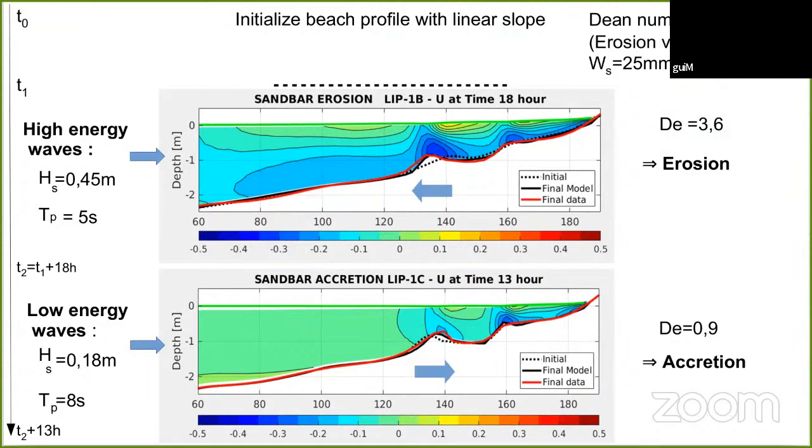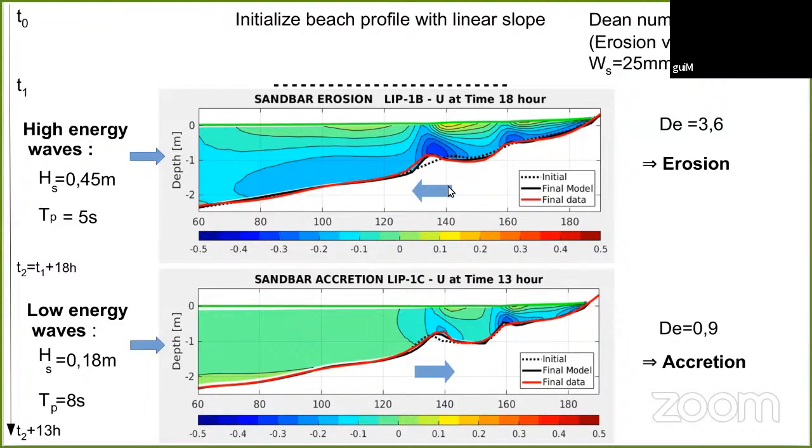This is a relation between significant wave height, peak period and settling velocity. Settling velocity is constant in this case, and the idea is to see the competition between erosion and accretion. So we see that in this case the DIN number gives us a high number, meaning that we have erosion.